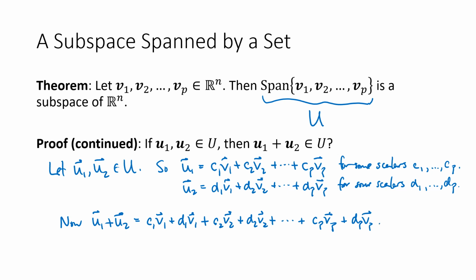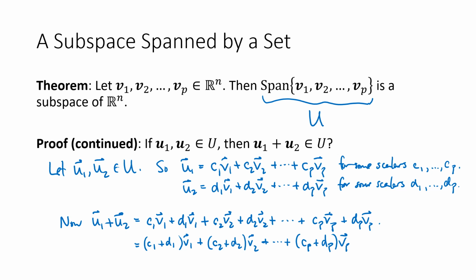And now I'm going to factor a little bit. I'm going to take out the C1 plus the D1 multiplied by V1, C2 plus the D2 multiplied by V2, and so on. And then finally CP plus DP multiplied by VP. Clean that up a little bit, make that easier to read. There we go. So that is a linear combination of the V1, V2, and so on, right?